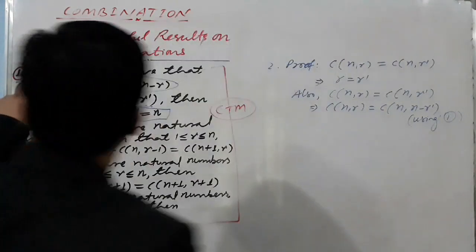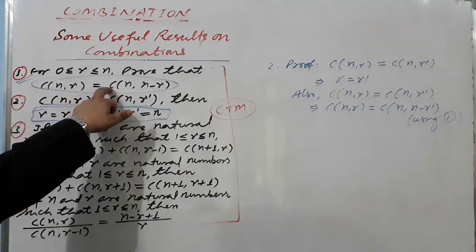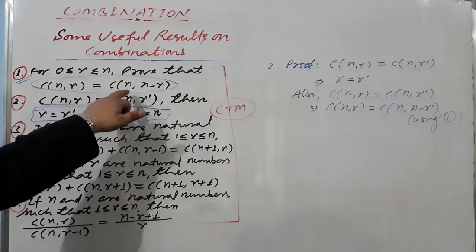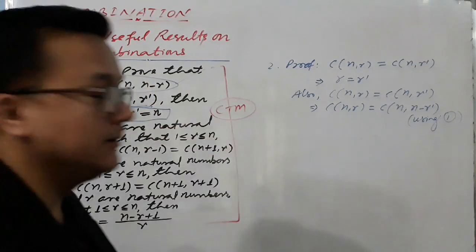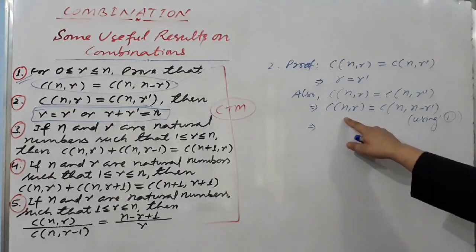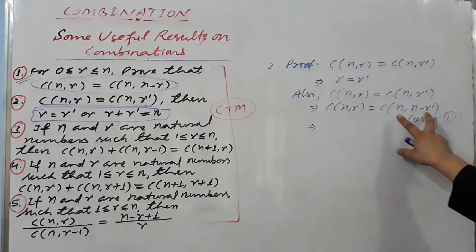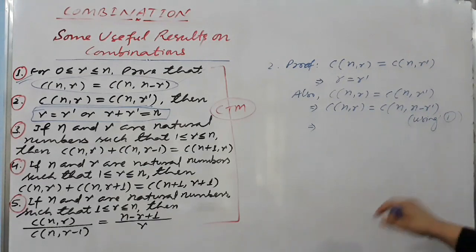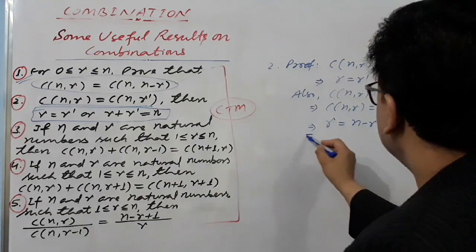Using the first result, if we have nCr, we can write it as nC(n minus r). Using this, I have written here. So n is equal to n, the same here, and this combination is equal to this combination, so definitely r must be equal to n minus r prime.